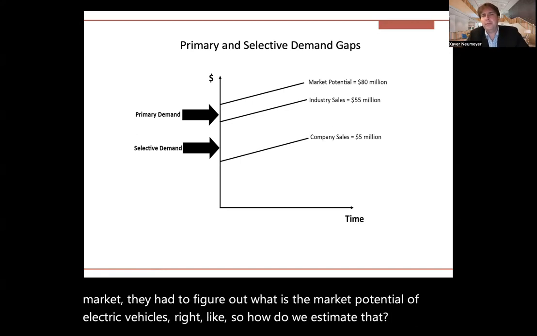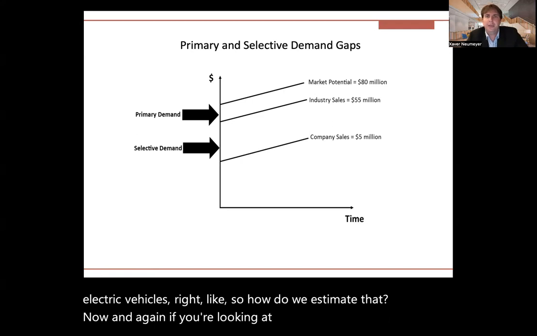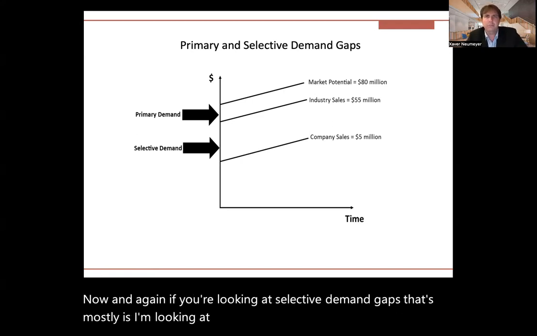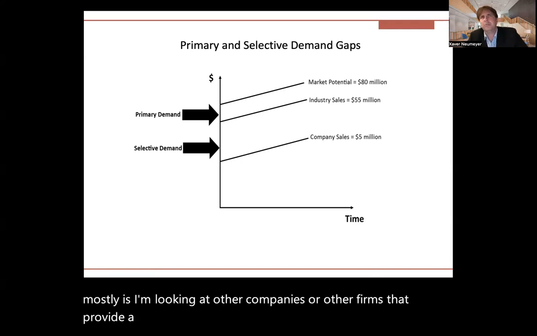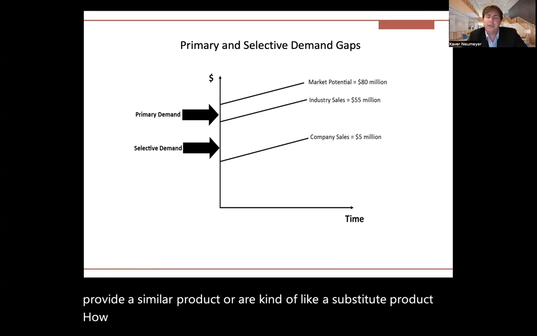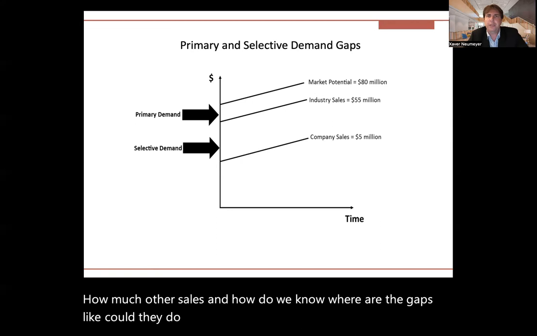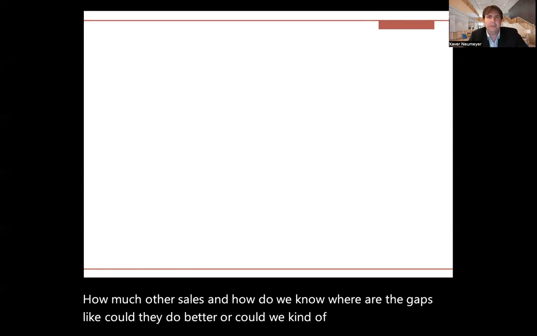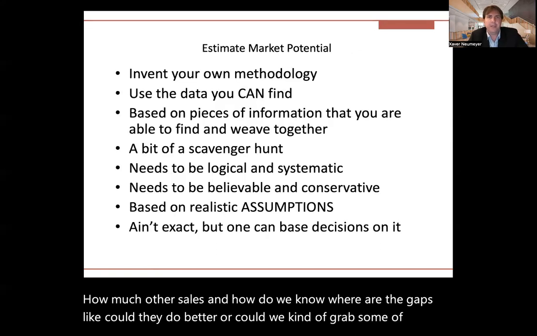And again, if you're looking at selective demand gaps, that's mostly looking at other firms that provide a similar product or a substitute product. How much are their sales, and where are the gaps? Could they do better, or could we grab some of those sales?